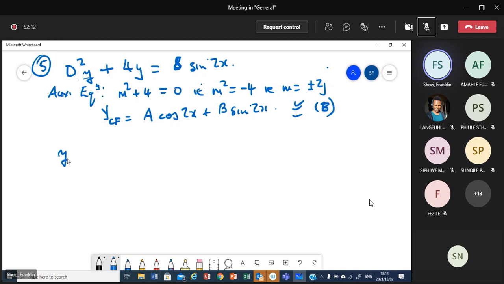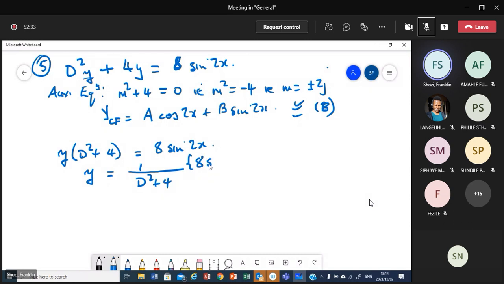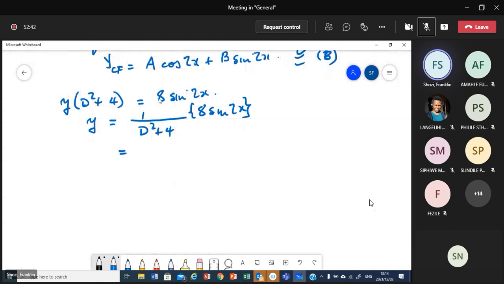Therefore, y there, without any loss of time, d squared plus 4 is equal to 8 sine 2x. Solve for y. Therefore, your y is equal to 1 all over d squared plus 4 acting on 8 sine 2x. This takes us straight to theorem 3 without any doubt. Why theorem 3?